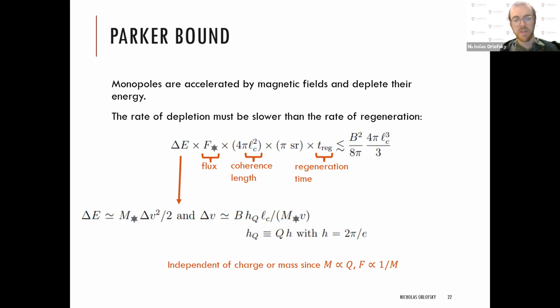Normally for GUT monopoles, the charge is just equal to 2 in these units, and so normally there's some mass dependence in this bound. But because for extremal black holes the charge and the mass are directly proportional to one another, there's actually no charge or mass dependence whatsoever once you take this full expression.